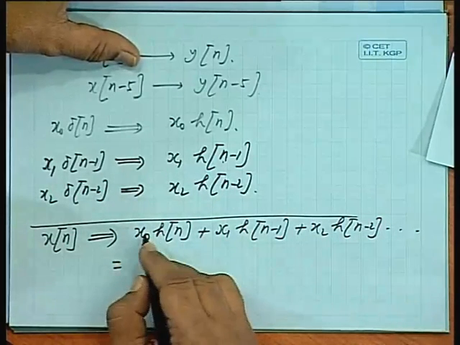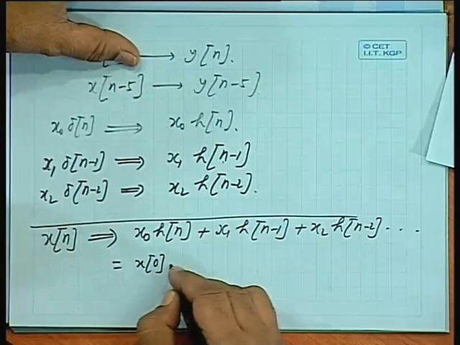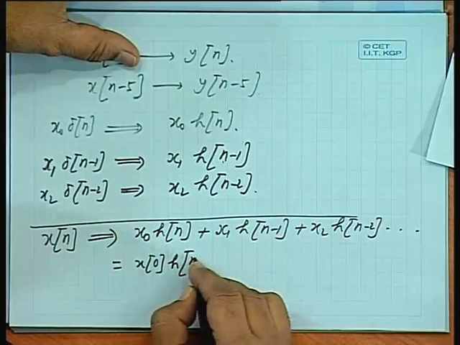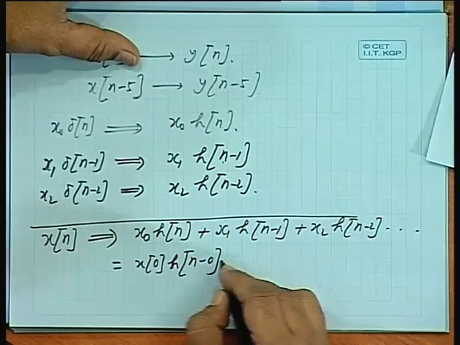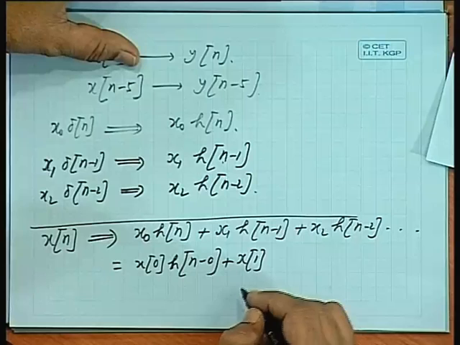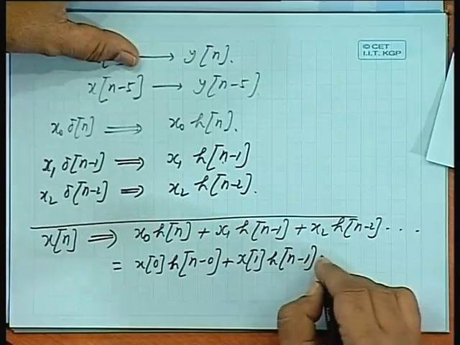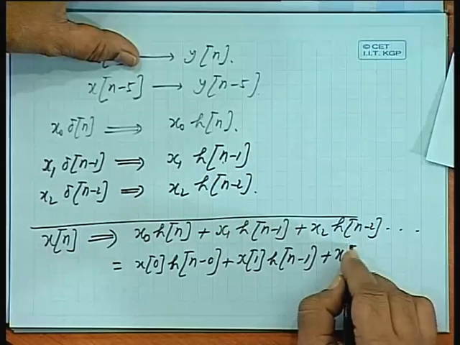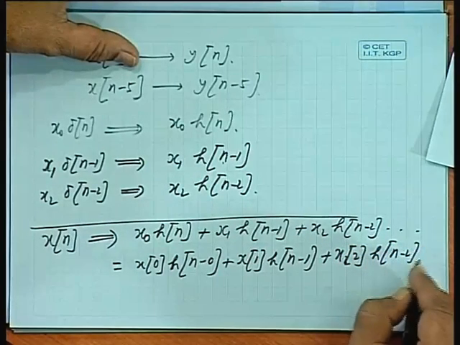One may write x0 h[n minus 0] plus x1 into h[n minus 1] plus x2 into h[n minus 2] and so on.